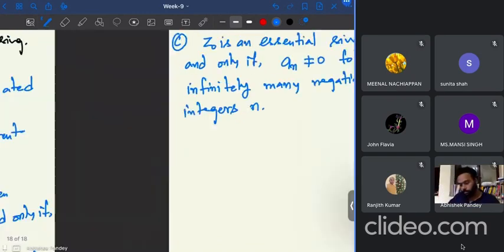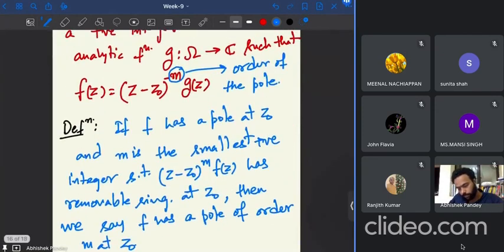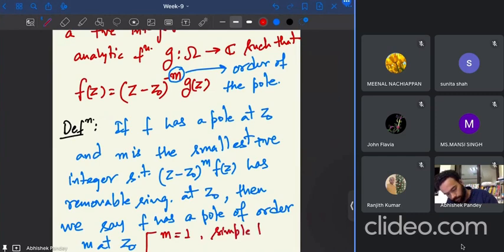Okay, so here we have defined the order of the pole. So if m is equal to 1, we call it a simple pole.